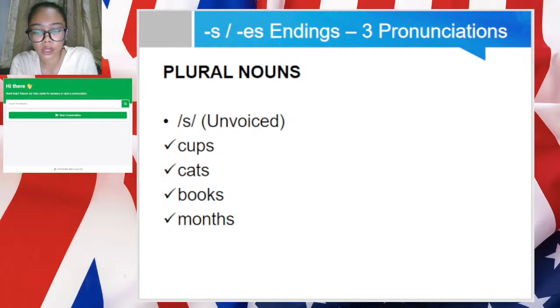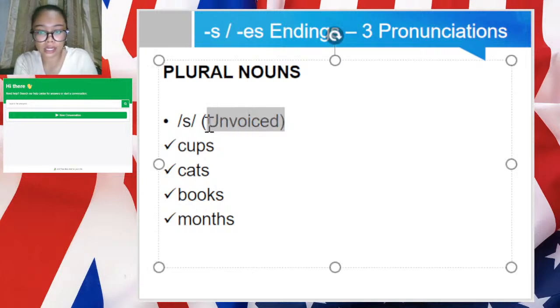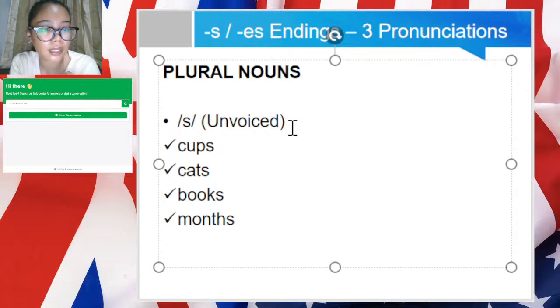Here, if the noun or verb ends with an unvoiced consonant sound, and remember, those are the sounds without vocal cord vibration, right? Then the suffix s is pronounced simply as s, how you pronounce the letter S. You pronounce it as a soft hissing like s.